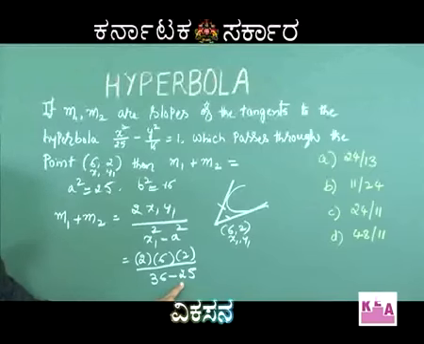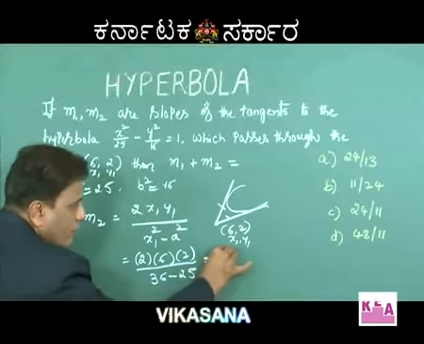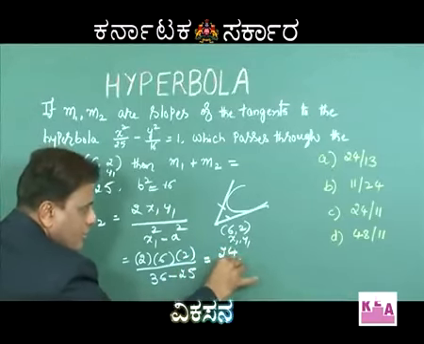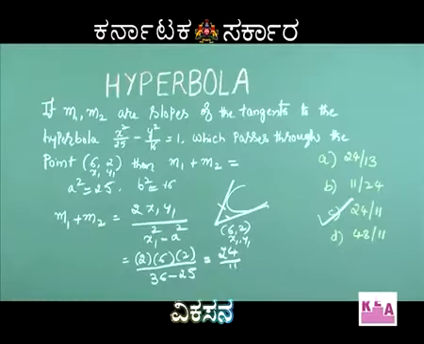So options A and B are ruled out, mostly C and D. We will check this one: 6 twos are 12, 12 twos are 24, so 24 by 11 is the sum of the slopes. Option C is the right option. Please note down this example.